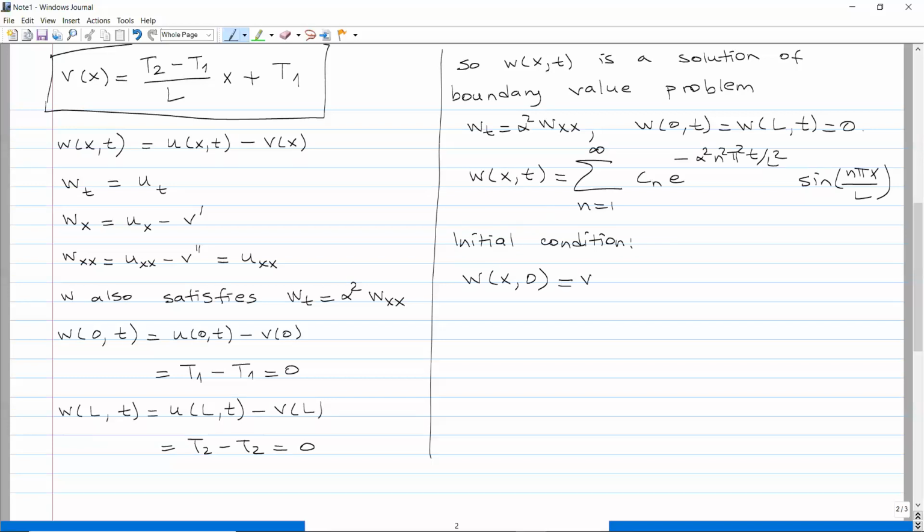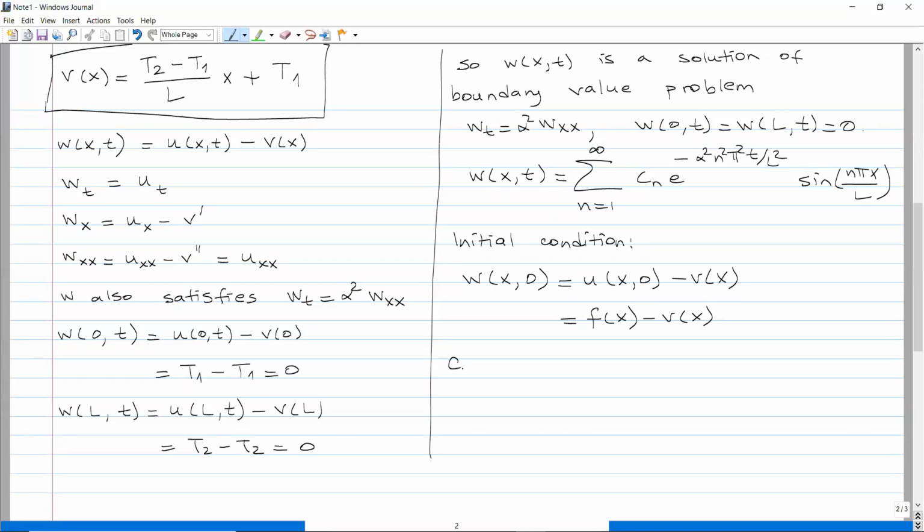So that's u(x,0) minus v(x). We take the initial heat distribution u(x,0) to be the function f. So for the function w, the initial condition is the initial condition of u minus this steady state distribution v.